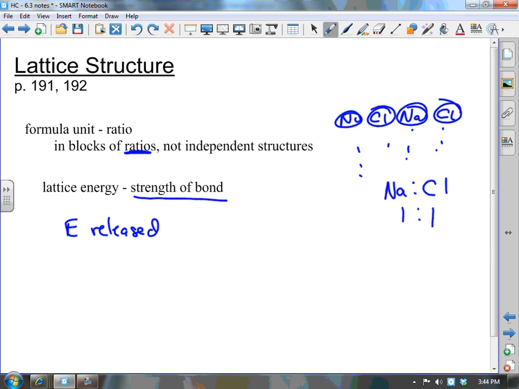But basically, it's the energy released when 1 mole of gaseous ions forms a solid compound.